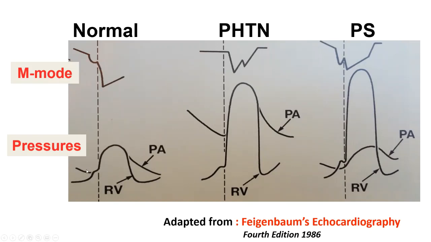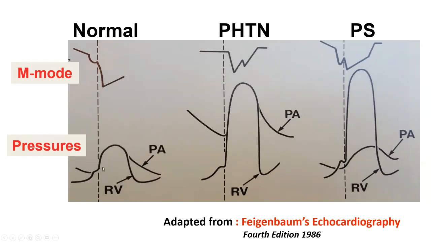Now, I would point out to you that unlike the left side of the heart, on the right side of the heart, the right ventricular diastolic pressure and the pulmonary artery diastolic pressure are fairly close, so that the rise in right ventricular pressure that occurs after atrial systole can deform the pulmonary valve envelope because the pressure rise affects the gradient between the right ventricle and the pulmonary artery.